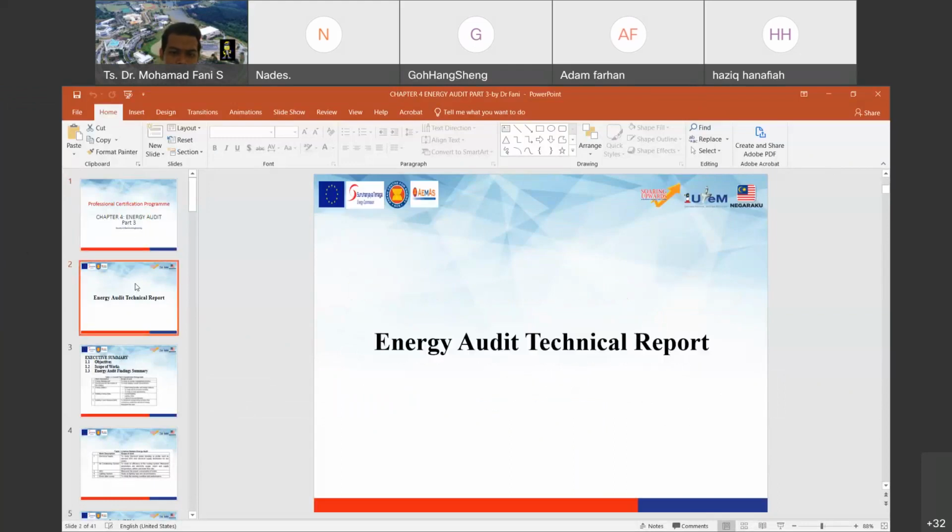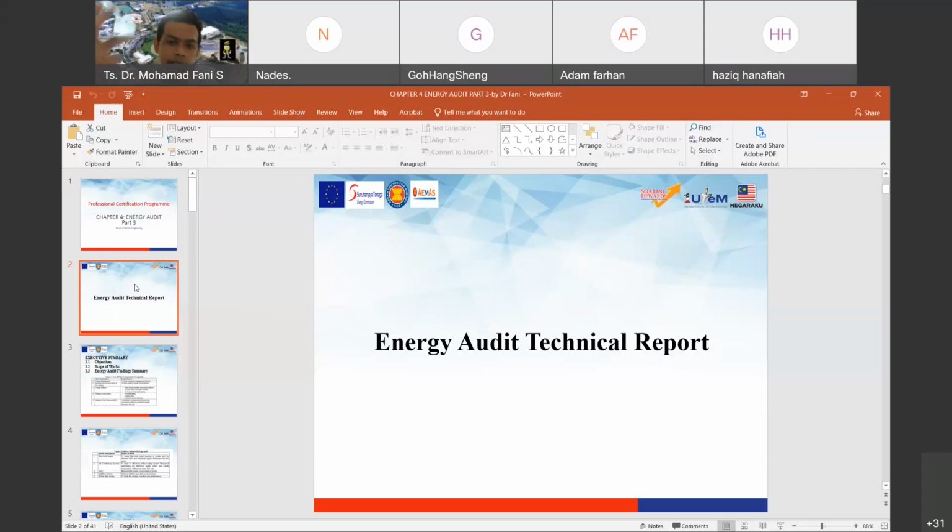Okay, let's continue. So this chapter will basically discuss the energy audit technical report. We have learned about the energy audit.